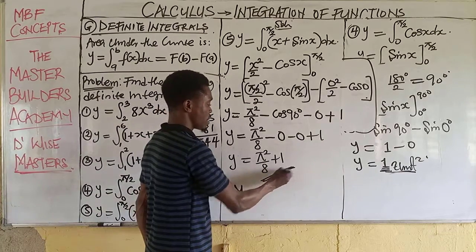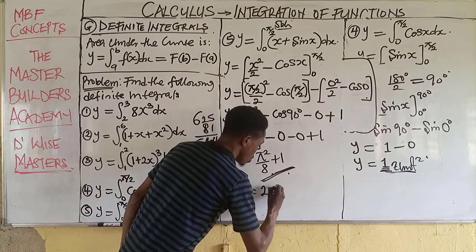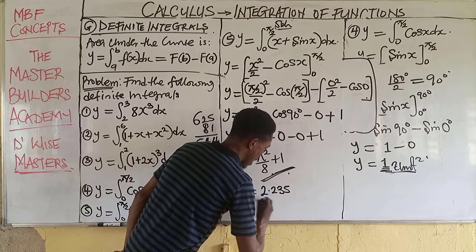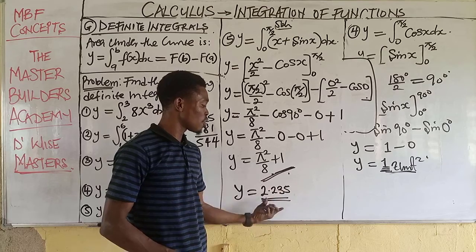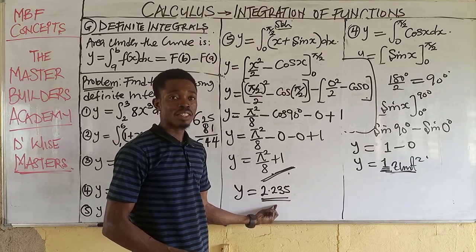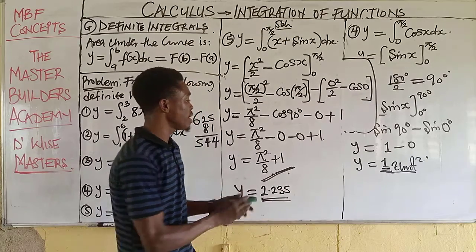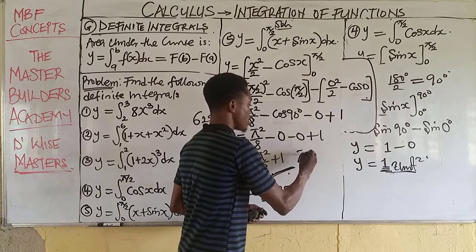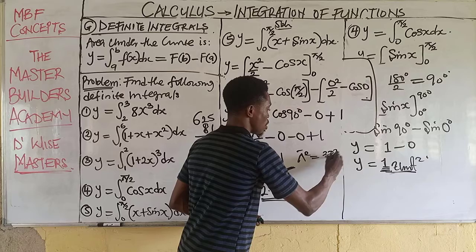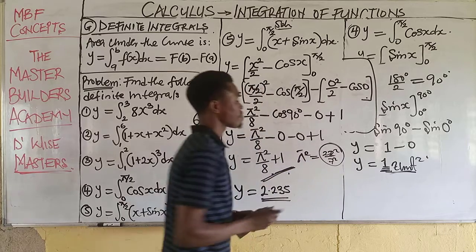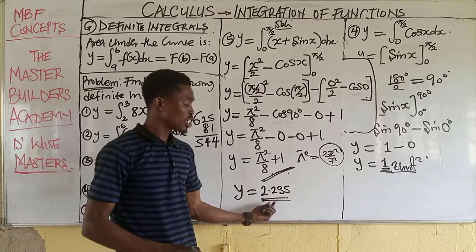When you simplify this further, you will have 2.235 in decimals. So input this in your calculator, you will have this as your final answer. Or simply replace pi squared by 22 squared over 7 squared. This is it. So you will get this.